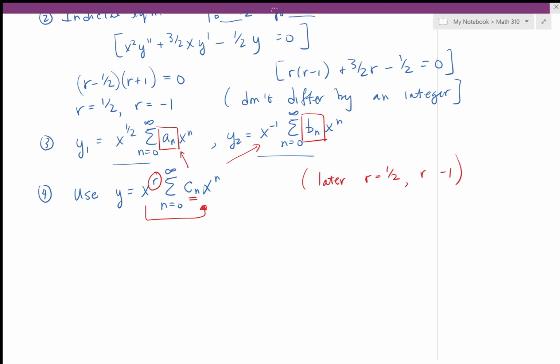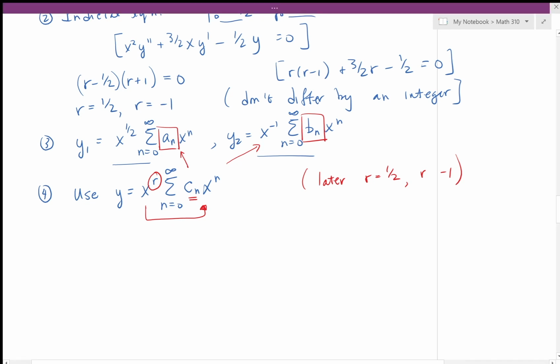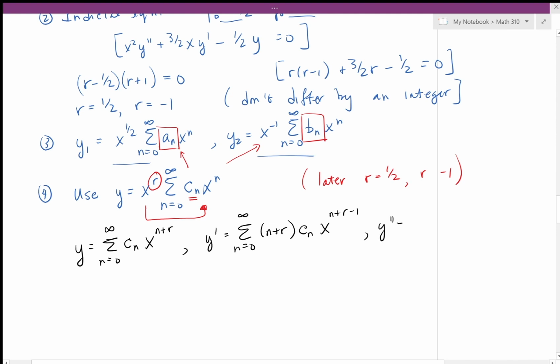I write the Frobenius series as y equals the sum from n equals 0 to infinity of c_n x to the n plus r. I take the first and second derivative. We've done this already. And then our second derivative looks like this.